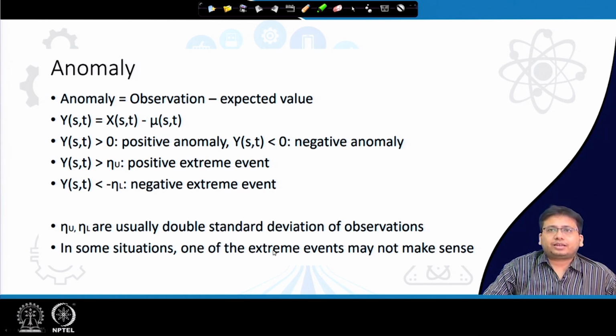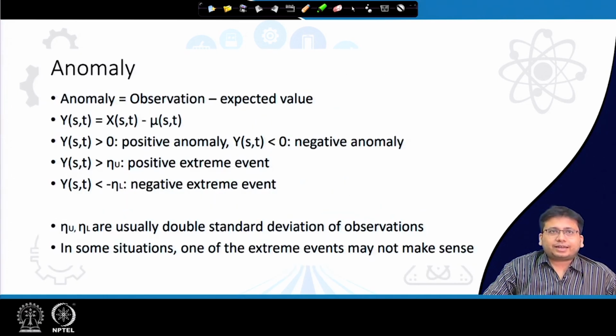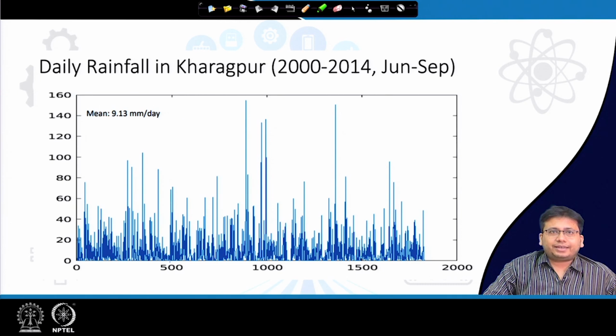But if we are considering, let us say, annual rainfall, then both positive and negative anomalies may make sense. To understand that, let us look at the daily rainfall time series of Kharagpur in the months of June to September for this period of 15 years from 2000 to 2014.